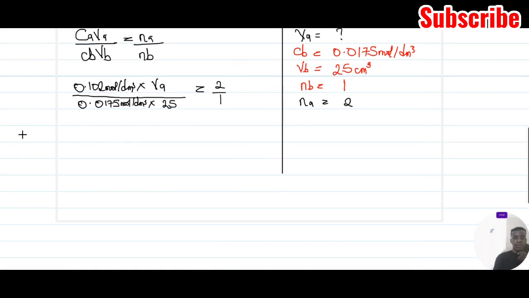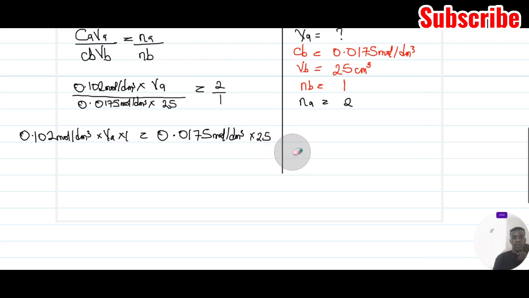If you do that, you have 0.102 mole per dm cube times Va times 1 equal to 0.0175 mole per dm cube times 25 times 2.